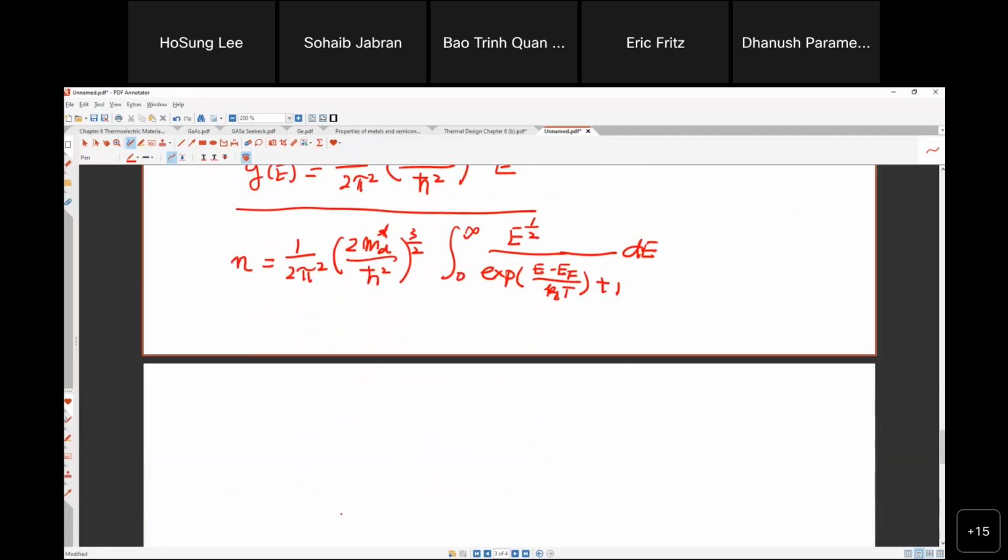I think in here this is assuming one valley, the conduction band, and the valence band.